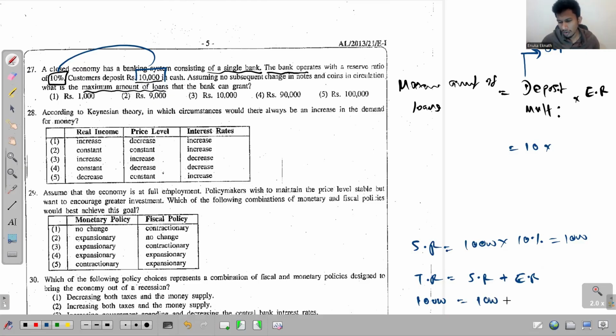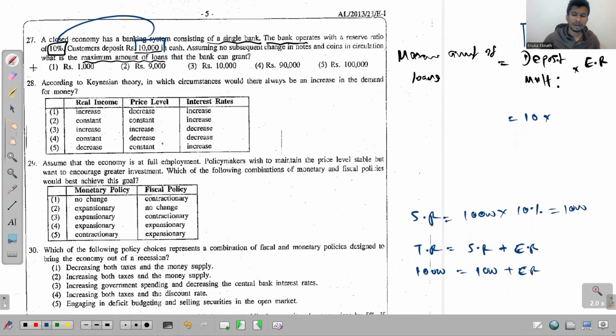Statutory reserve is 1,000. If so, we can understand this excess reserve to be 9,000, right? Excess reserve is 9,000. So you take that 9,000 here. So 9,000 multiplied by 10 will be 90,000. So this is the maximum amount of loans that this bank or the entire banking system can grant. And our answer is the fourth one.